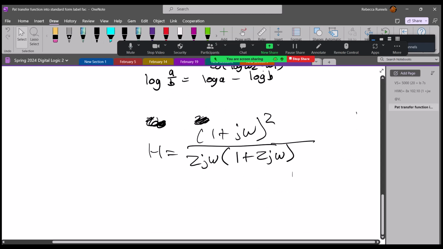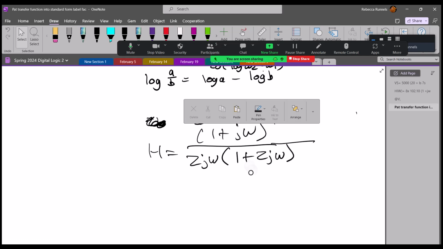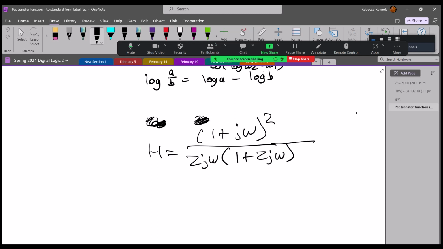All those formulas we have that say what to do with this and this and this, they all just come from the properties of logs. The magnitude of the gain is still 20 log magnitude of H.